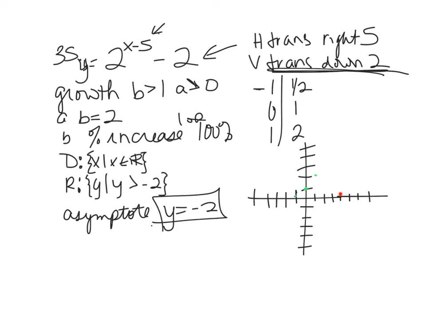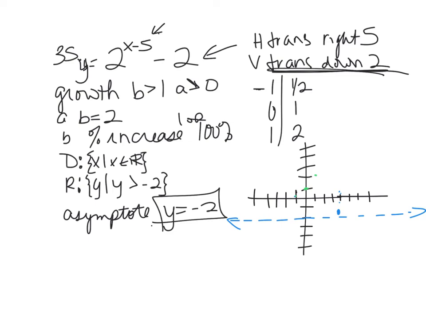So I'm at 1/2, and so that should be -1.5. Here's my first point, and my asymptote is at y equals -2. It kind of helps to just draw the asymptote first, so you can make sure everything stays under it.